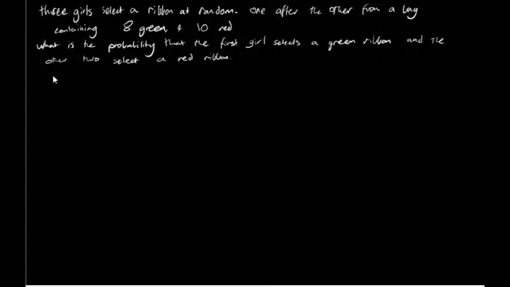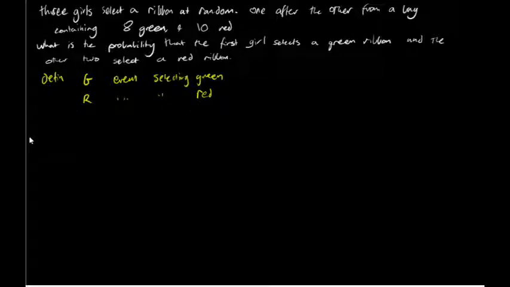ribbon. So to start off with, we're going to define G as the event selecting a green ribbon, and R as the event selecting red.